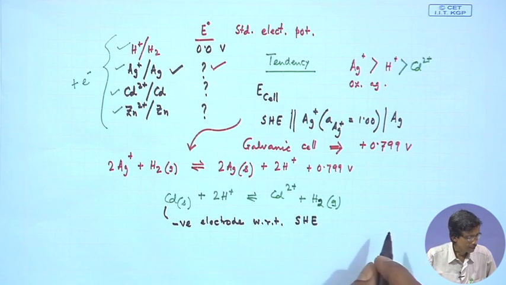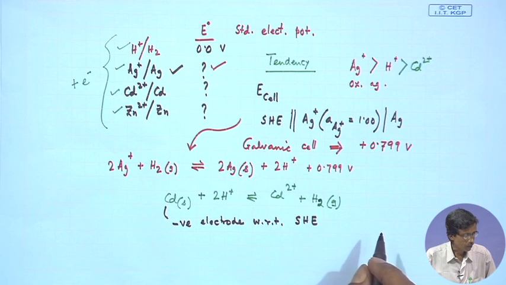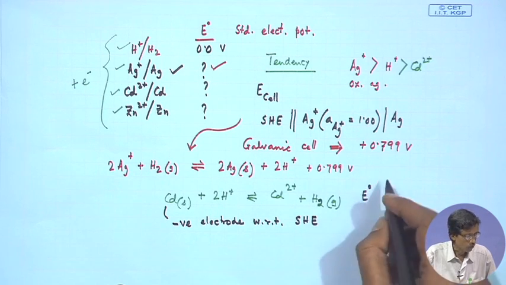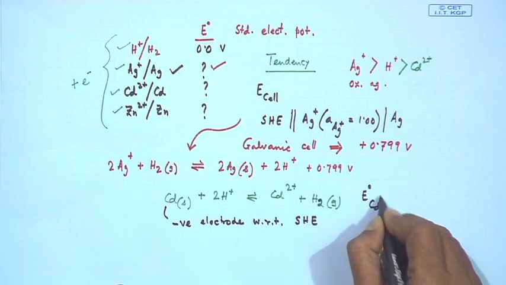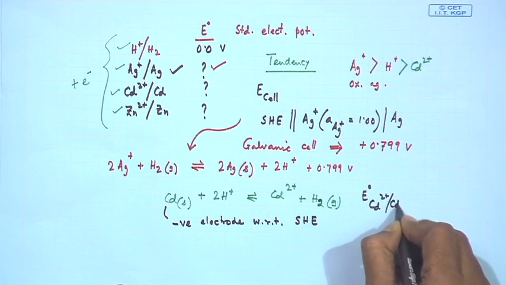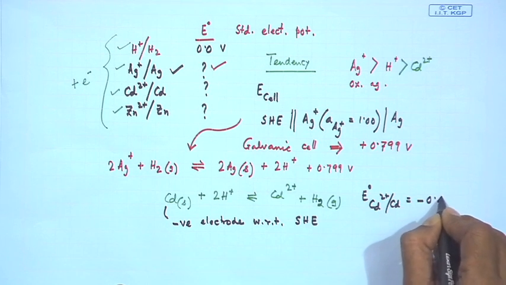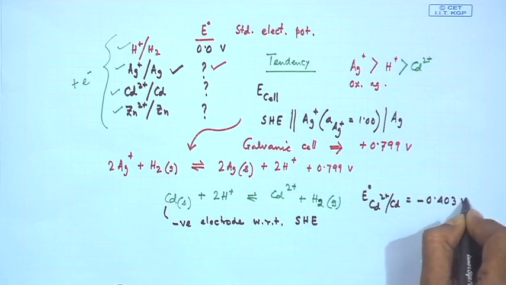So, we get the corresponding potential we can measure, and the corresponding E0 value for this cadmium 2 plus to cadmium will be a negative potential, 0.403 volt.